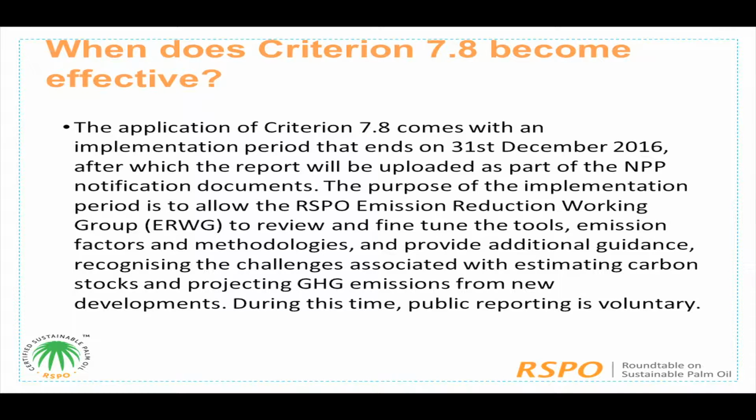So when does the criterion become effective? Basically, it's mandatory to comply with the criterion now, and there is an implementation period with regards to criterion 7.8, which ends this year.